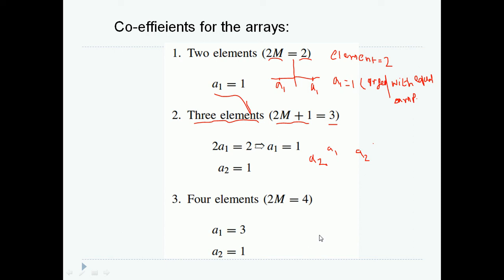The A1 elements on either side will be fed with 3, and A2 will be fed with 1. So that will reduce my side lobe levels.